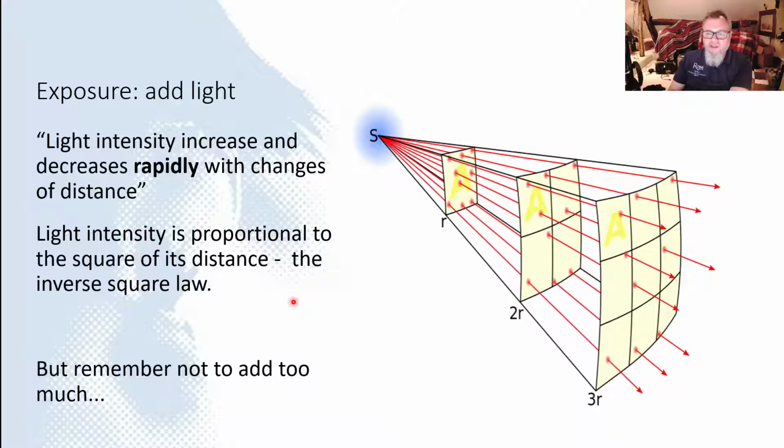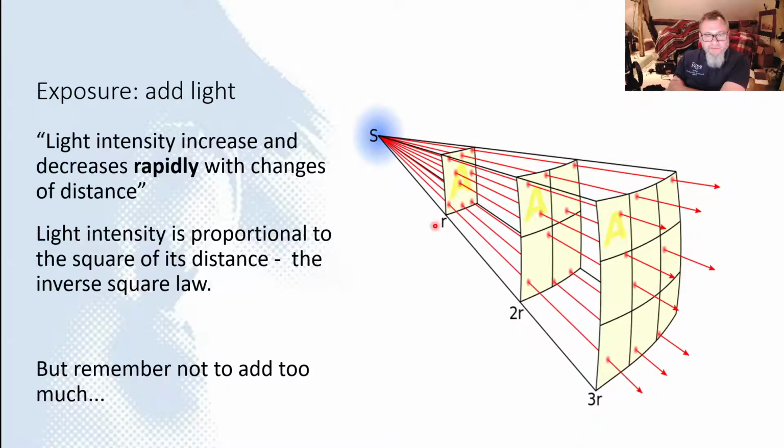It's called the inverse square law, which means that if you halve the distance between your patient and your camera, you're actually going to increase the light fourfold, and not by half.